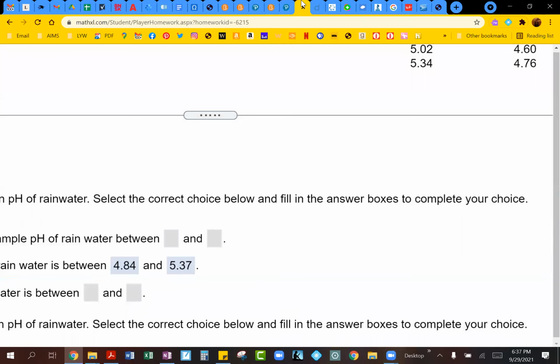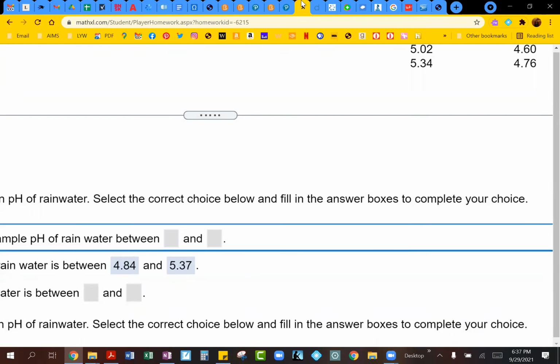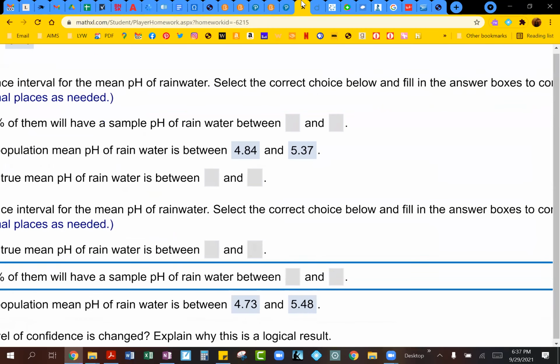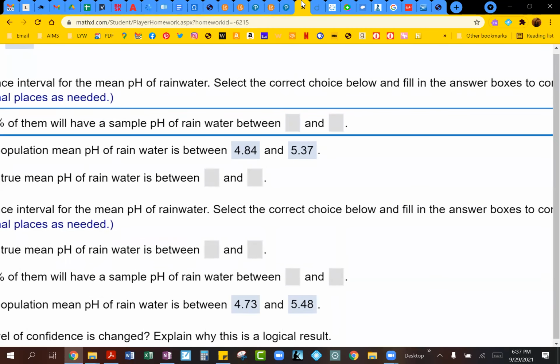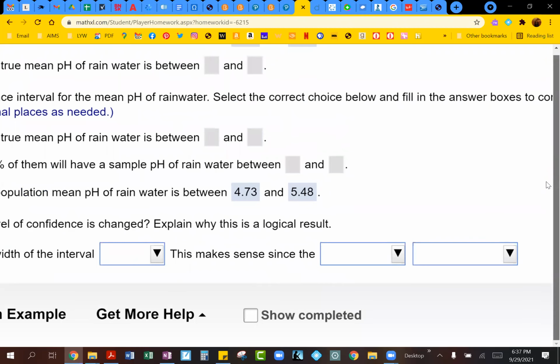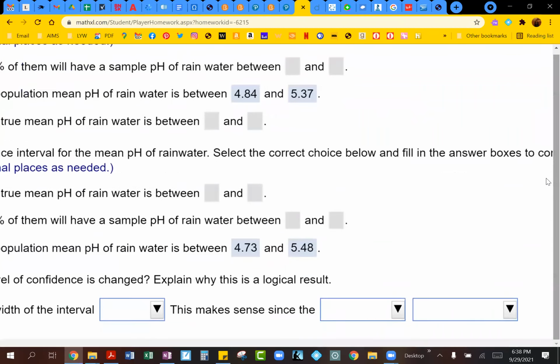So let me ask you here. What do you notice between your lower and upper bound as we change our confidence interval? If it will let me bring both of them on the same screen.